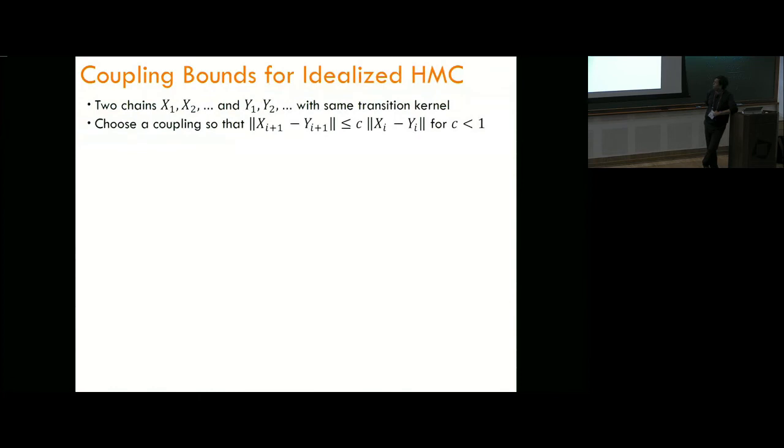The mixing time bounds are proved using a coupling argument. What's coupling? You will couple two chains of the Markov chain. One will ideally start from the stationary and invariant distribution, one will start from an arbitrary point, and you want to prove that in one step of the Markov chain, there is contraction in some distance.